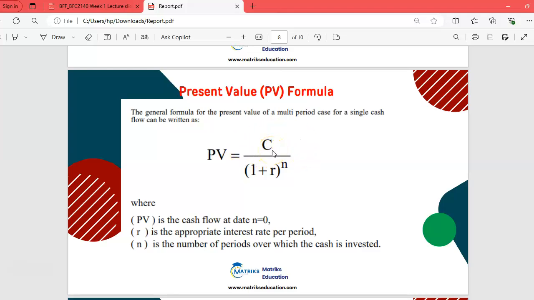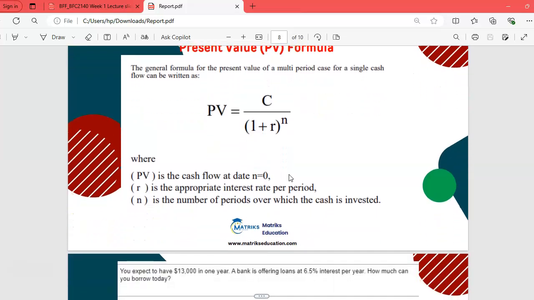For the present value concept, C equals the future value money, the total amount of money that you will get in the future. C divided by (1 plus R) to the power N, where N is the period of time. So this is the formula of present value. You need to memorize this formula, okay?